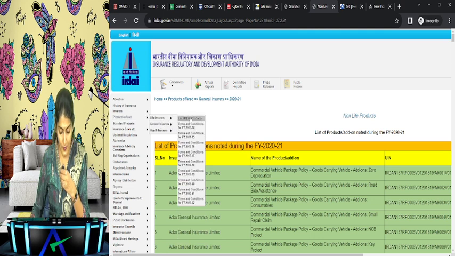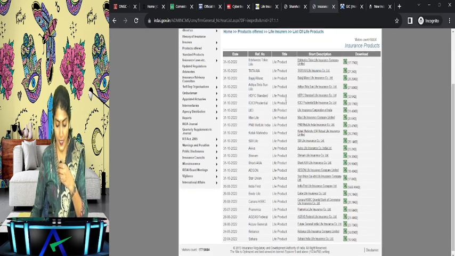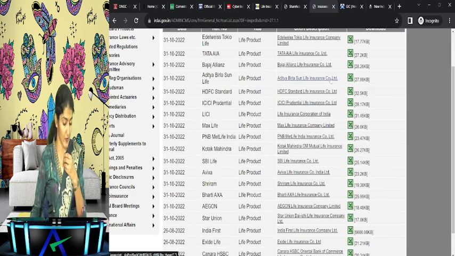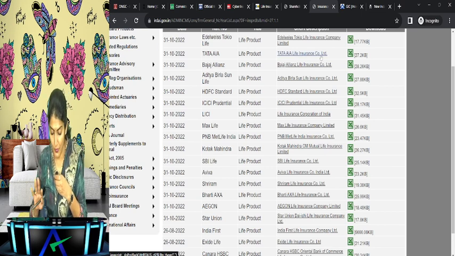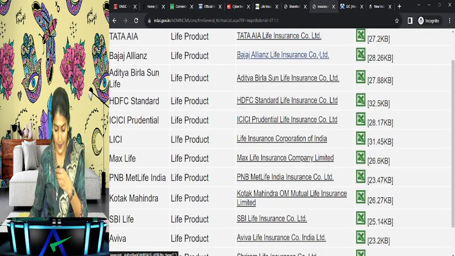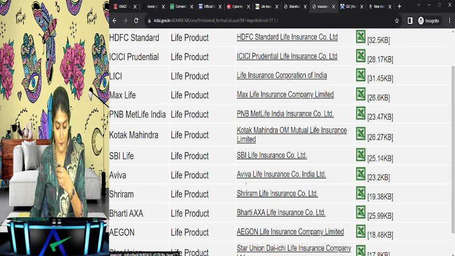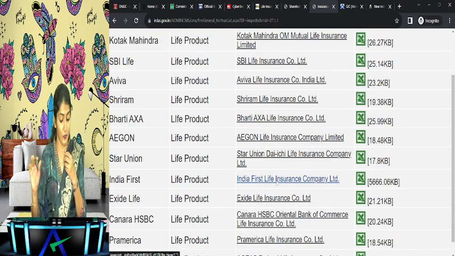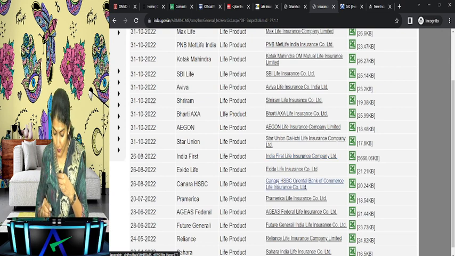And then you also have the list of life products over there, provided by the different insurance companies. Here, if you see in their names, you always see the word life: Kotak Mahindra Life Insurance, Aviva Life Insurance, Exide Life Insurance, and so many of them. So in this chapter, what are we talking about?